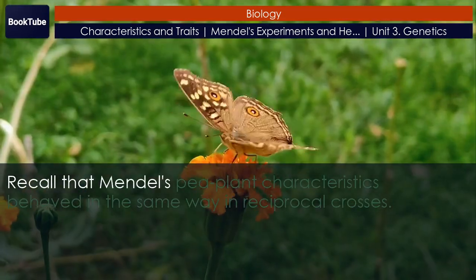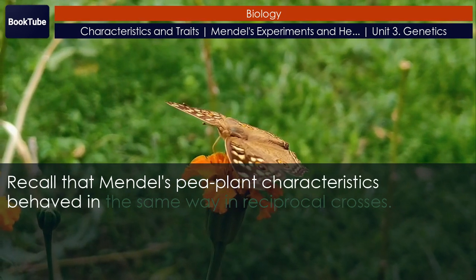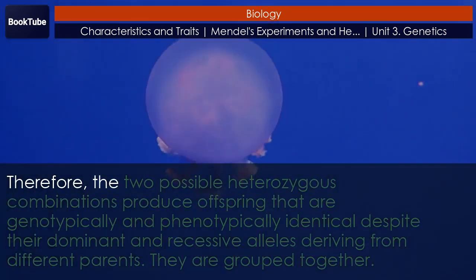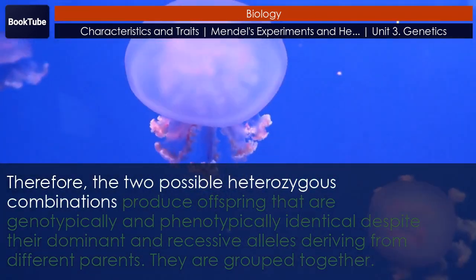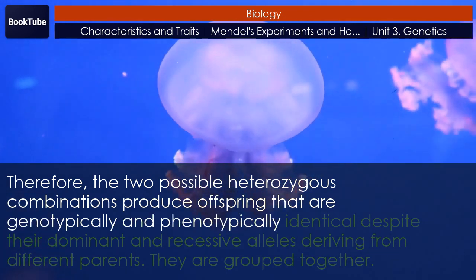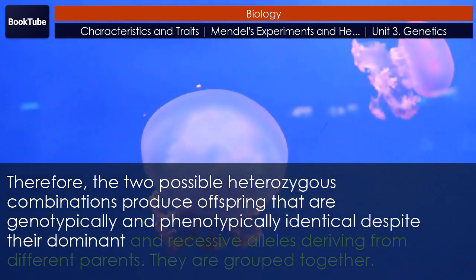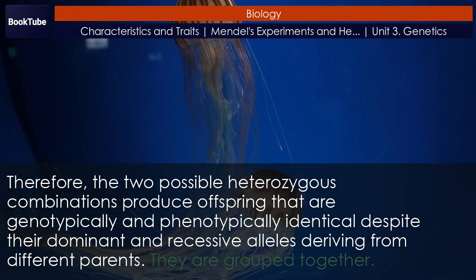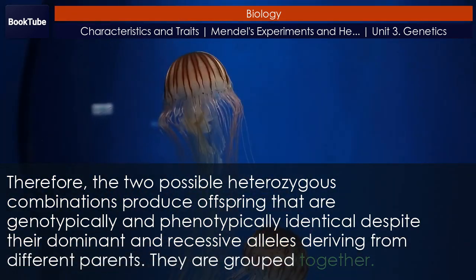Recall that Mendel's pea plant characteristics behaved in the same way in reciprocal crosses. Therefore, the 2 possible heterozygous combinations produce offspring that are genotypically and phenotypically identical despite their dominant and recessive alleles deriving from different parents. They are grouped together.